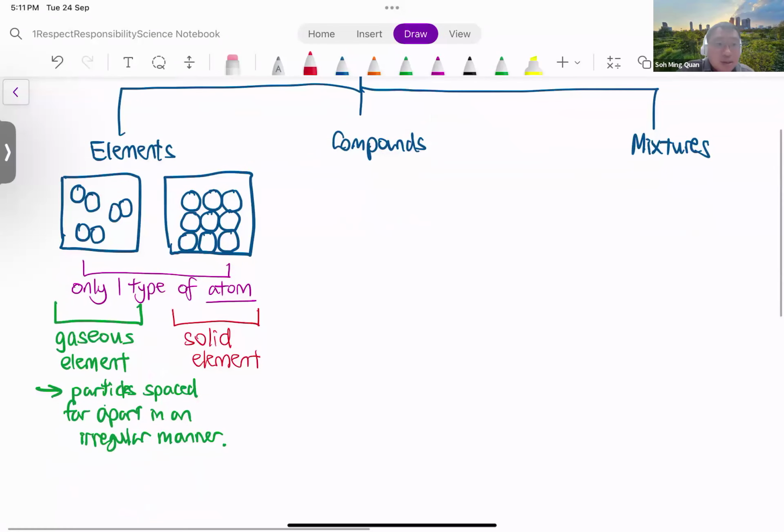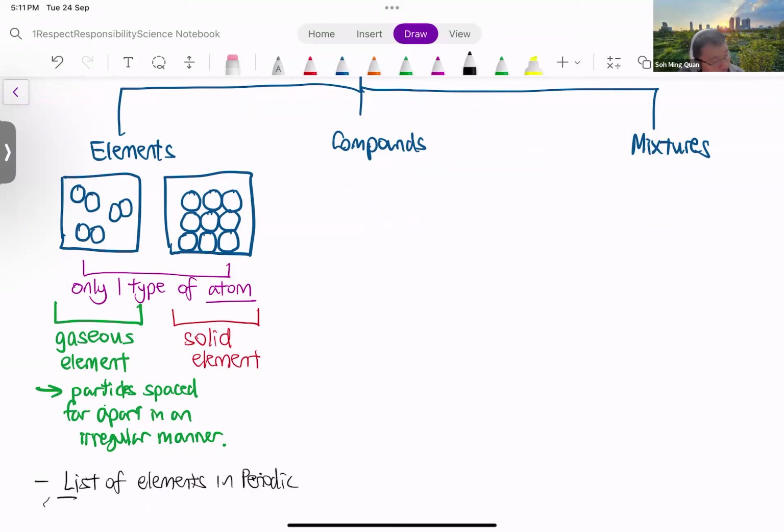Now, elements can be found in the periodic table. Importantly, the list of elements is in the periodic table. The periodic table is given to you in an exam paper, usually at the back of the exam paper. That's where you find all the elements.